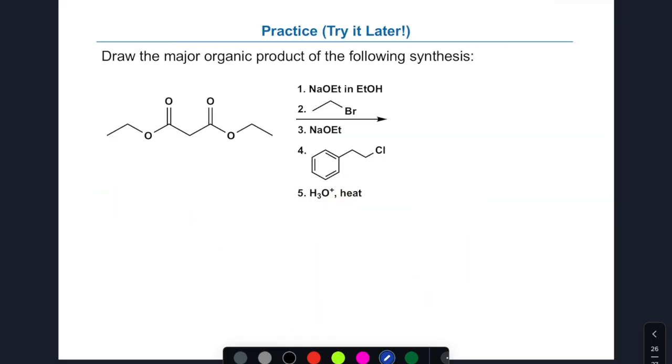So applying that to the same strategy here, we can start with this malonic ester. We're going to treat with ethanol and base, and if you notice, we have our 2 protons here. This sequential addition will do enolate generation, first alkylation, enolate generation, second alkylation, and then a decarboxylation.